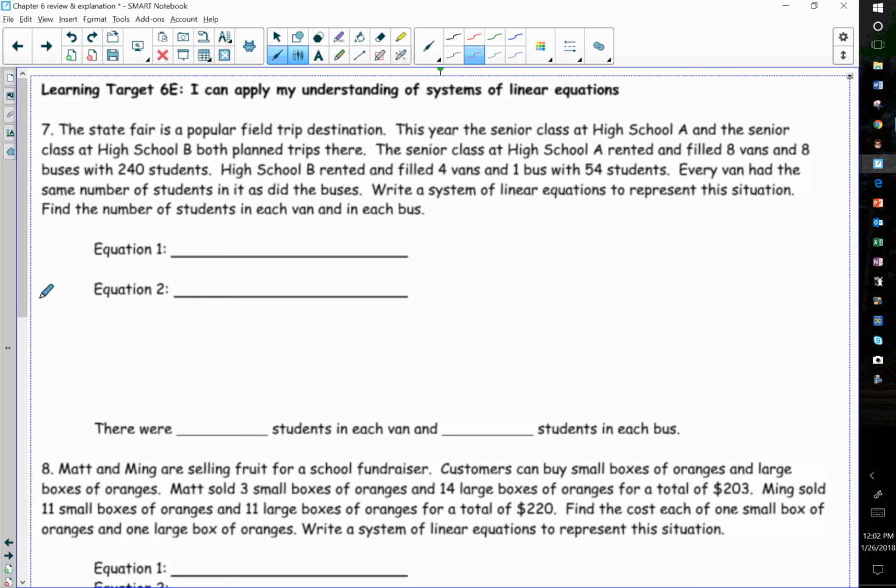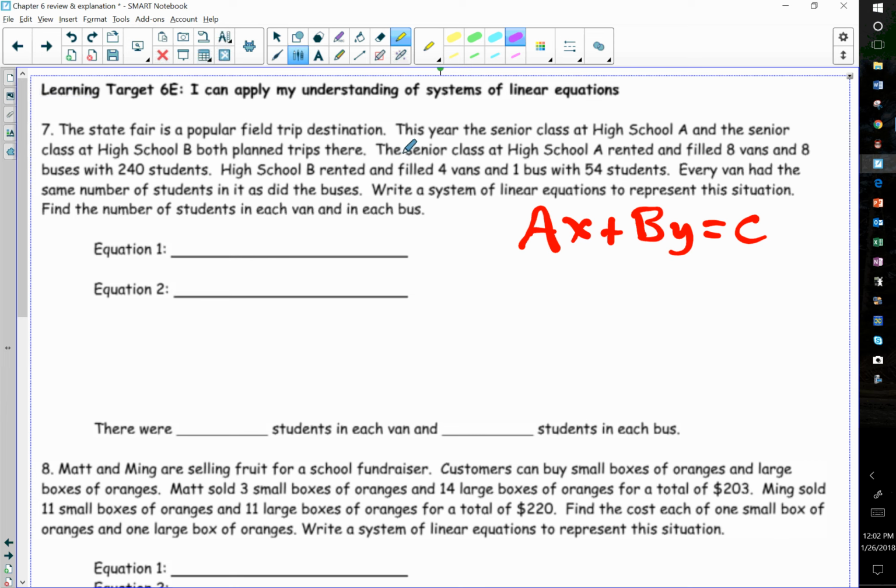Okay, the last page is the set of story problems. Each of these story problems, I won't read them to you, but each of them gives you an equation, and the equations will be written in ax plus by equals c. And you should be able to identify a problem that's written in this form because it just gives you two different objects and then a total.